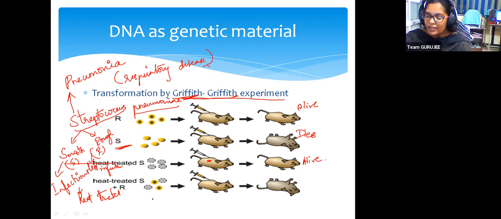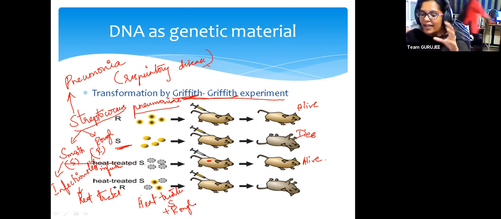In the next step, he injected heat treated S strain plus R strain. He combined both the smooth strain and the rough strain, but the smooth strain he didn't add directly.